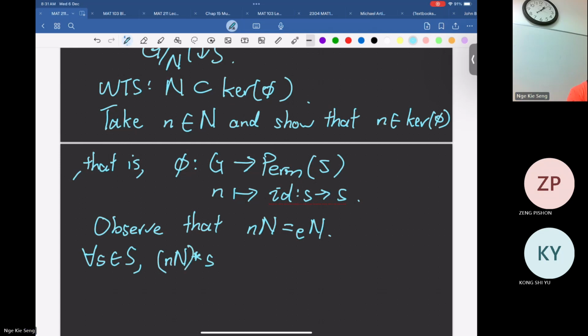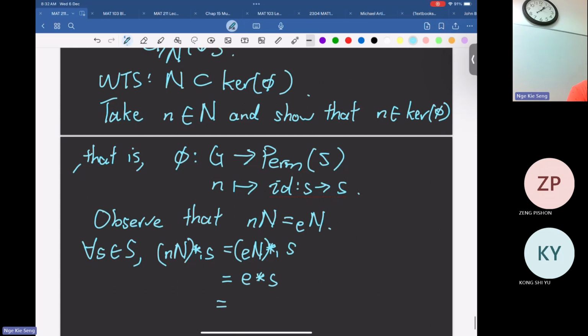It defines the same action as En star S. But what is En star S? It's just E on S. E on S is what? It's just S. So N star defines the identity map.